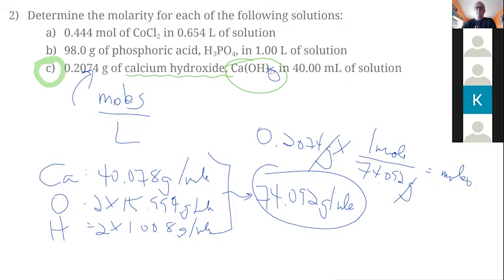0.00279. Keep going. 9. 2. Because remember, there's 4 significant digits here, and there's 5 significant digits here.